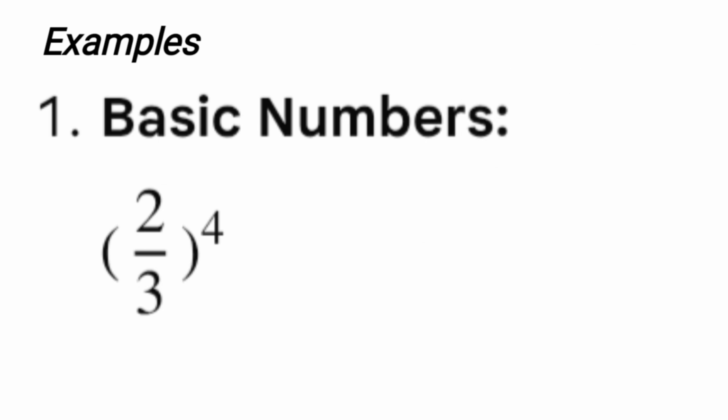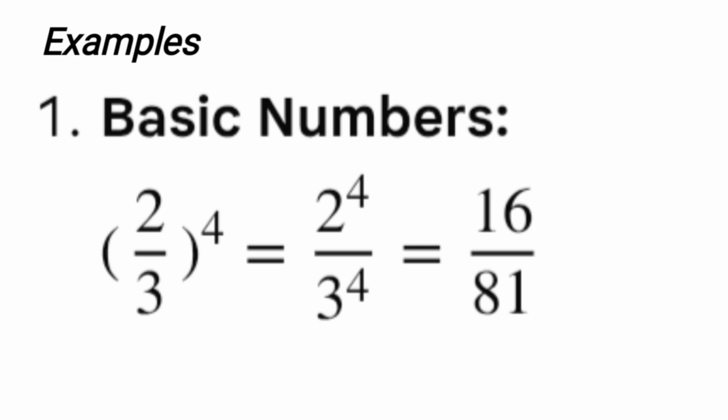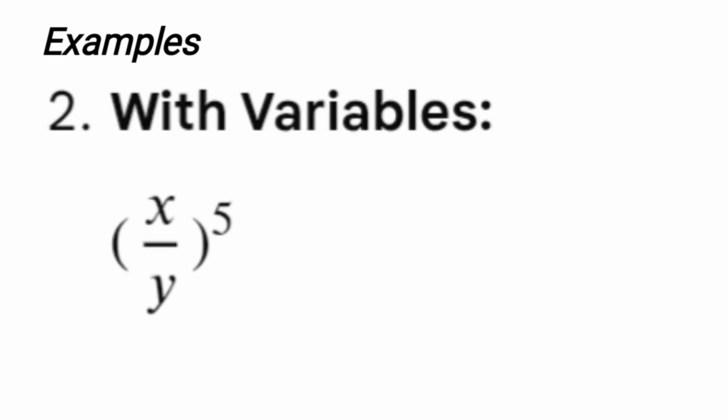For example, we have the basic number 2/3 raised to the power 4. You raise both 2 and 3 to the power 4, so 2 to the power 4 and 3 to the power 4. 2 to the power 4 is 16 and 3 to the power 4 is 81, so 16 over 81. With variables, we have quantity x over y raised to the power 5, raising both x and y to the power 5, so we have x to the power 5 over y to the power 5.